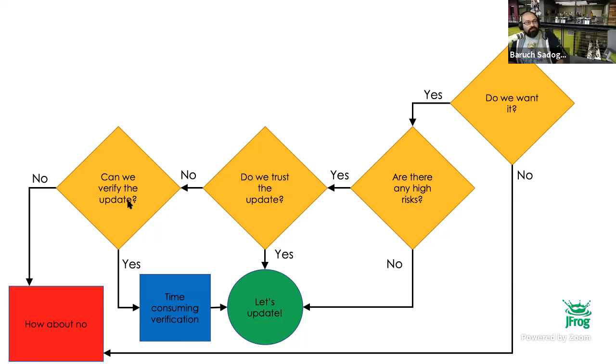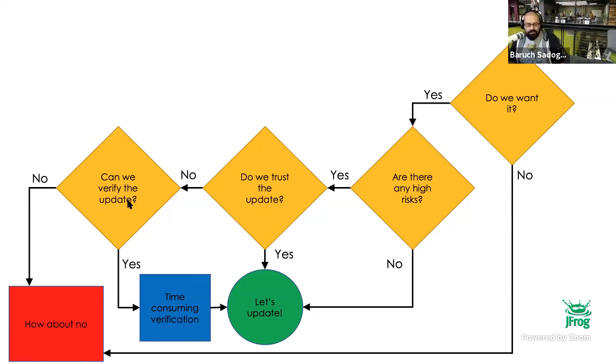And time-consuming verification will be stuff like staging environments, like a copy of my production environments, like running stress testing and penetration testing, and generally tons of client-side acceptance testing before I'm sure that I can roll those systems in production.